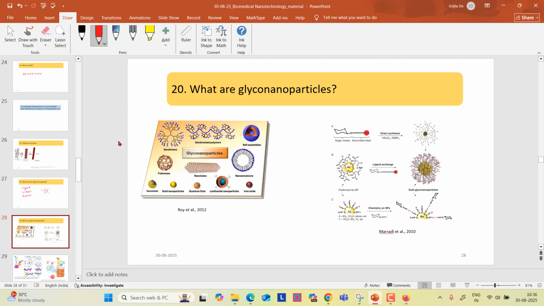Next is, what is a glyconanoparticle? So you know that glyconanoparticles have a nanoparticle core, and it is functionalized with some kind of carbohydrates like glucose or sucrose.